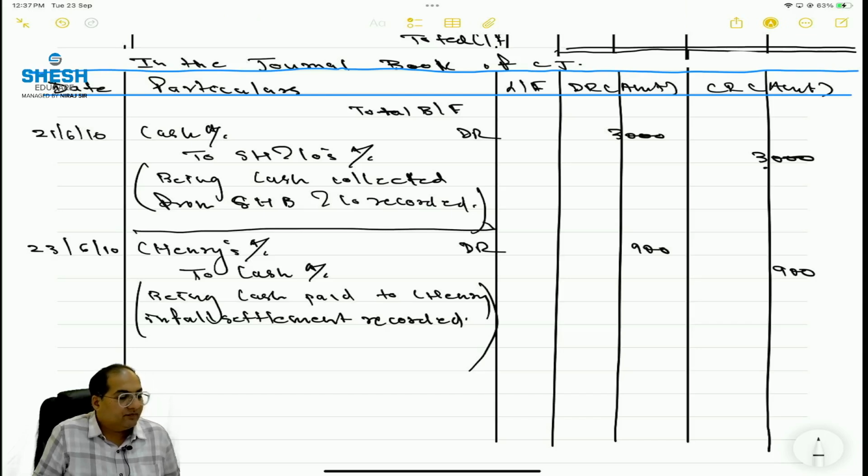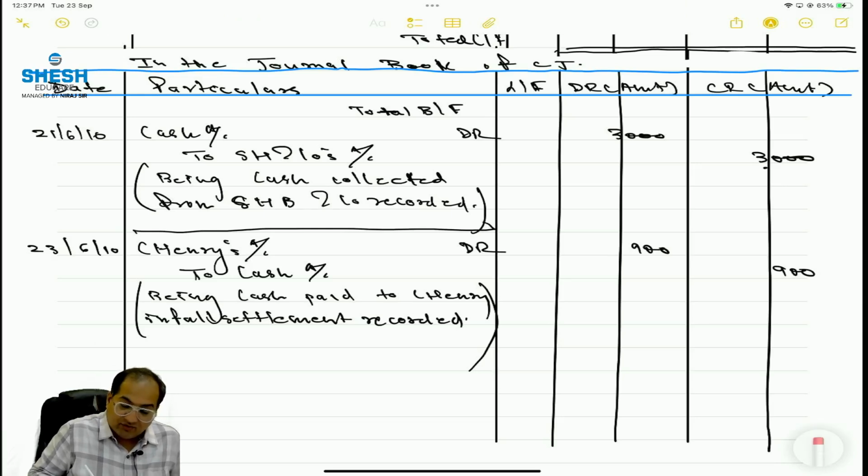Next, on 25th, paid to Kanti and Company. जाके देखो Kanti and Company को भी payable था 1500. We purchased office furniture and we are paying also 1500. So same episode on 25th.